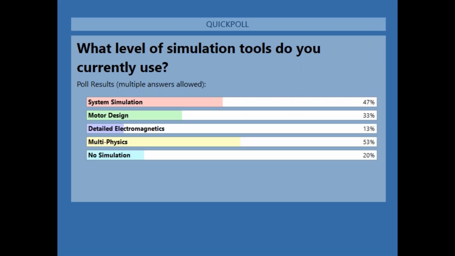Yeah, and it looks like a lot of people are already doing some level of simulation, whether it be system level simulation, motor design. I'm interested that there's quite a lot of multi-physics design. That's something that we see adopted more and more in industry, but also quite a few people who are not doing any simulation.